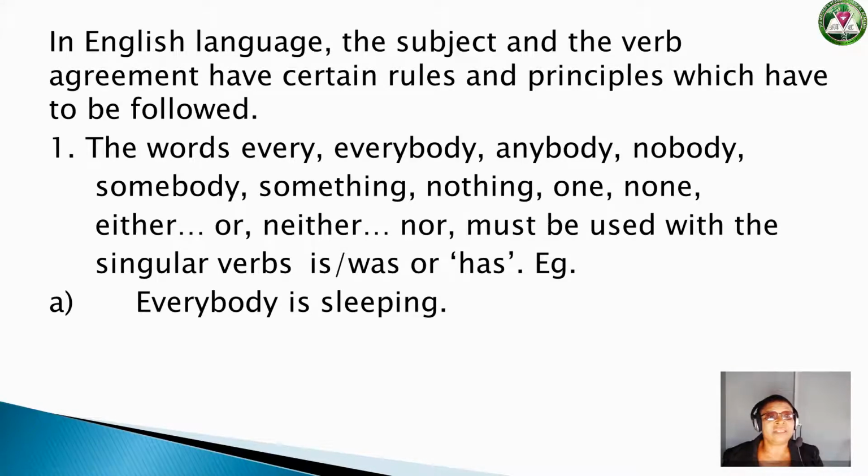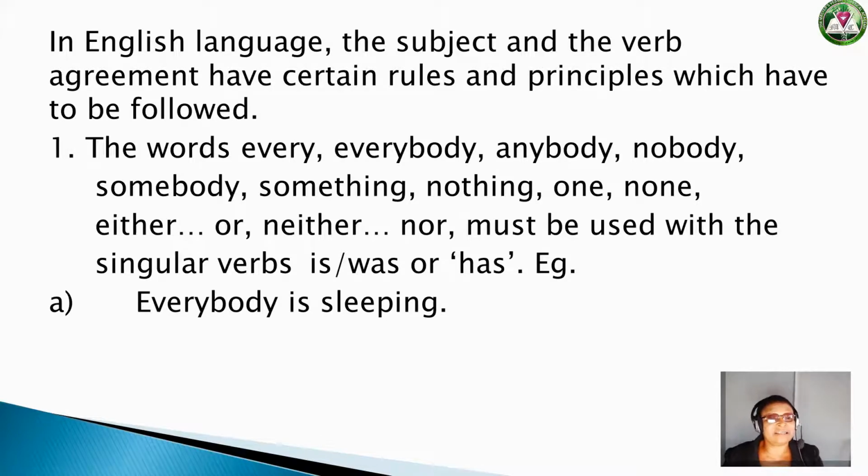One: the words everybody, anybody, nobody, somebody, something, nothing, one, none, either, or neither must be used with singular verbs like is, was, or has.